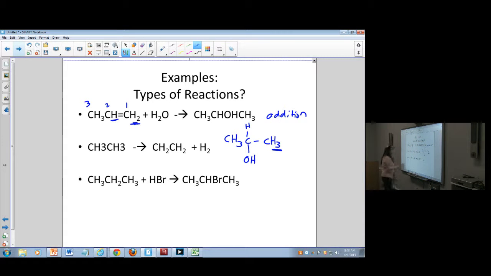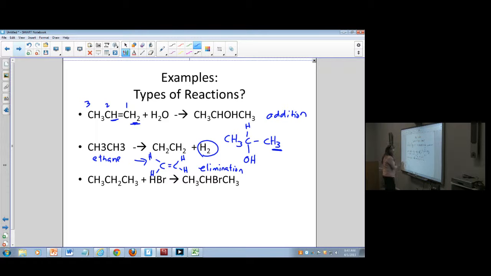What about if I take ethane, and I use the right laboratory circumstances, and I end up with this molecule? What did I do here? I eliminated, this is an elimination. I eliminated this hydrogen, and I formed a double bond. Given the right circumstances, I could even form a triple bond.